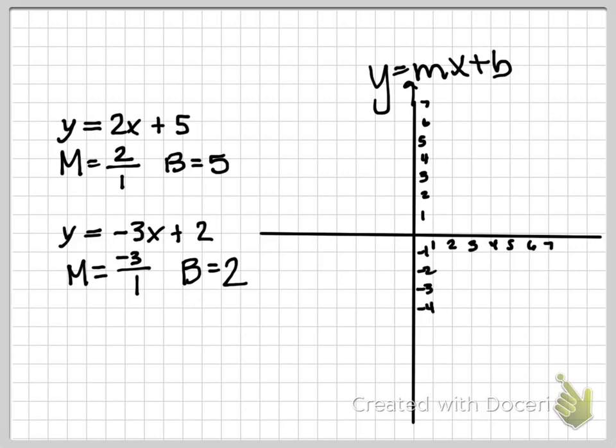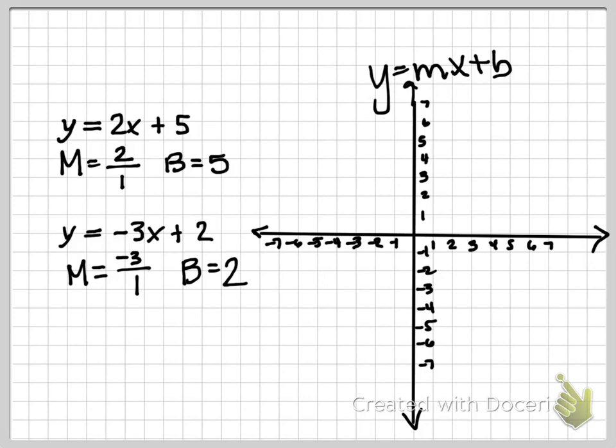I'm just getting my graph all set up here. Okay, whenever you graph slope-intercept form, there are always some rules you follow.